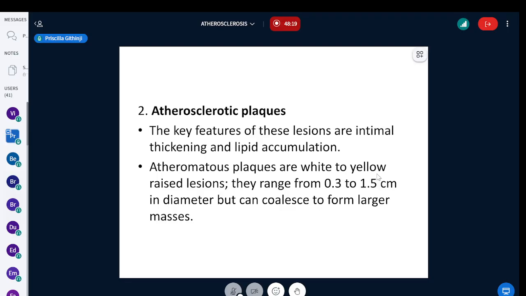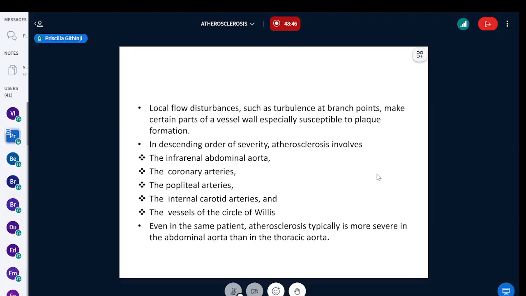These atheromatous plaques are usually white to yellow raised lesions that range from 0.3 to 1.5 centimeters in diameter, but they can coalesce together to form larger masses. And actually, in more cases, even at autopsy, what we see are usually larger lesions. So these are plaques that have coalesced together to form larger lesions. Local flow disturbances such as turbulence at branch points make certain parts of blood vessels especially susceptible to plaque formation.